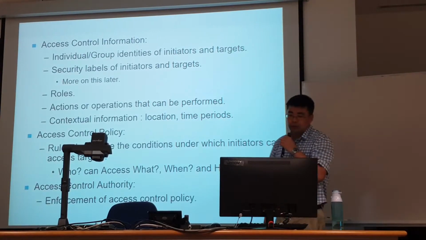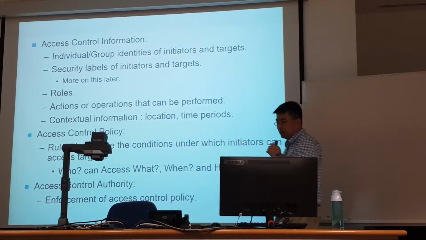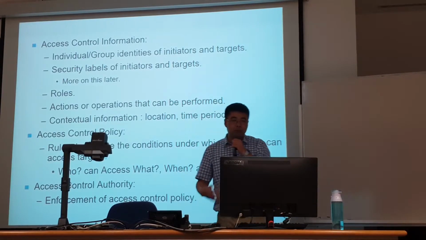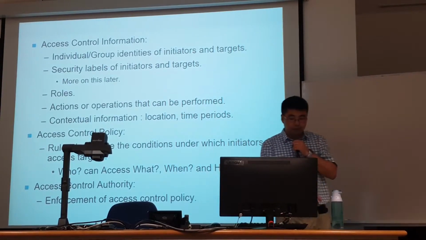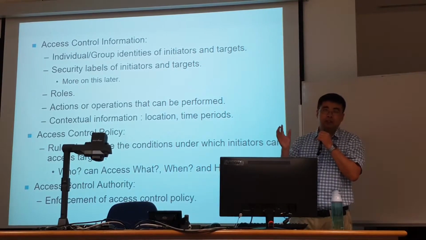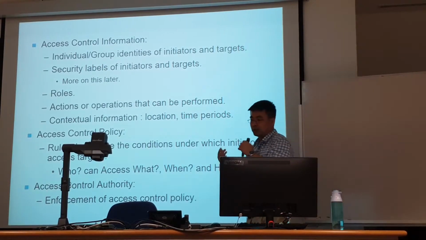For the access control information, what kind of information can be used to define the permissions? We can use different information. For example, we can use the identity of an individual user, so each user may have an individual unique ID. Or we can use groups.